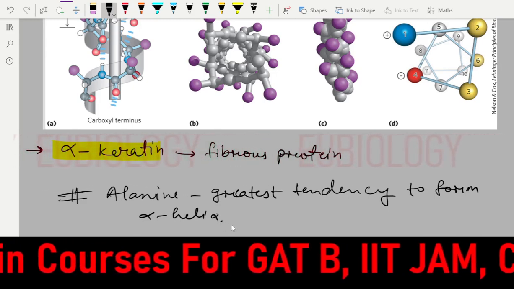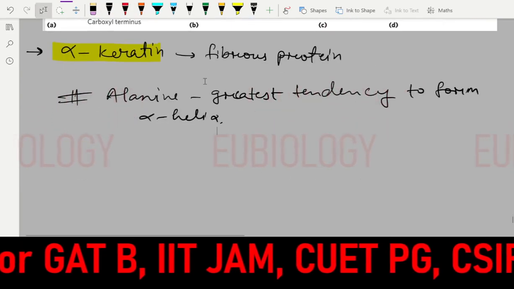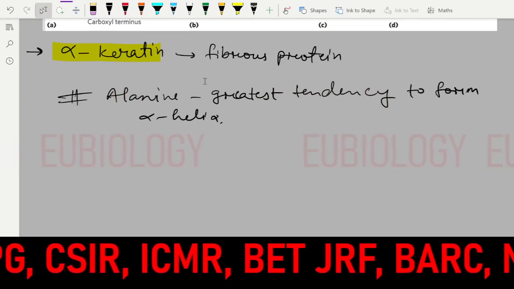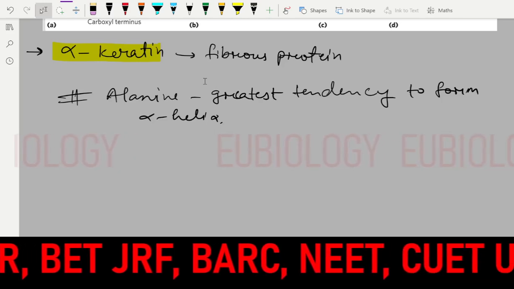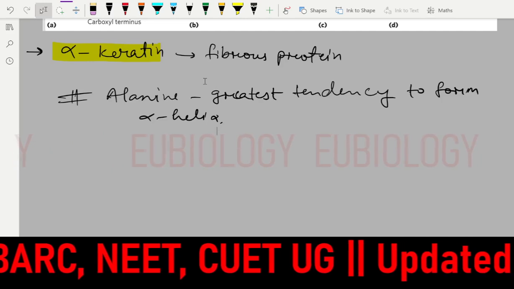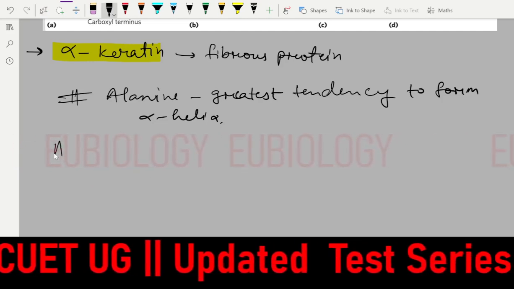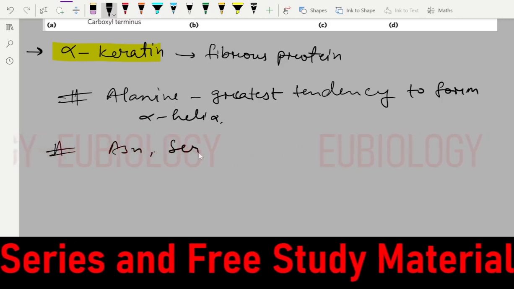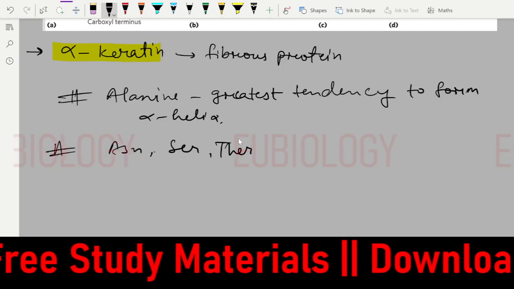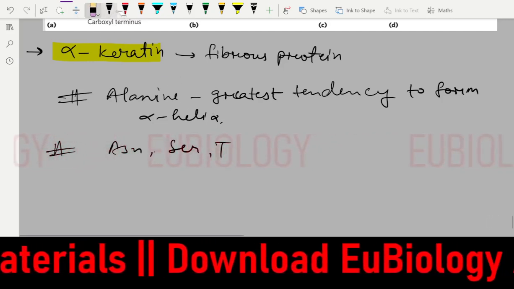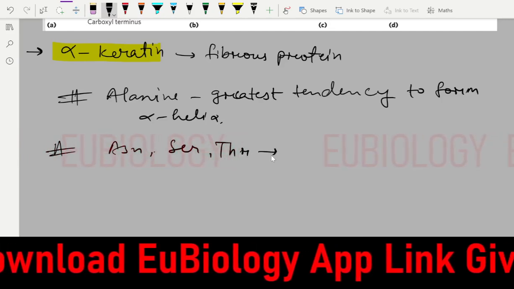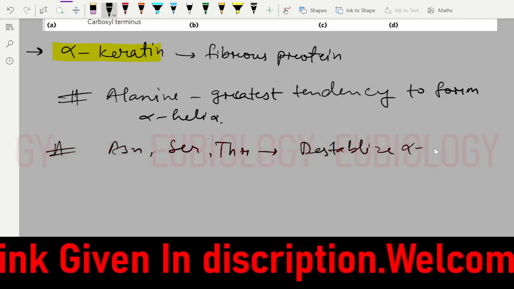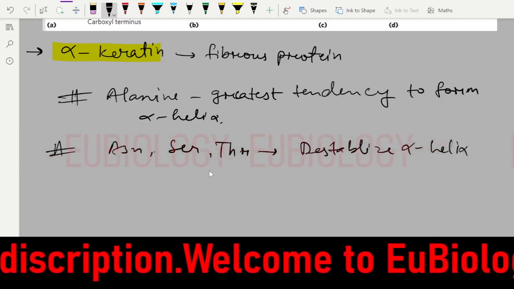The size of the amino acids matters too. Asparagine, serine, threonine, and cysteine can also destabilize an alpha helix if they are close together in the chain. This is a very important one. If asparagine, serine, and threonine are close together, they will destabilize the alpha helix.